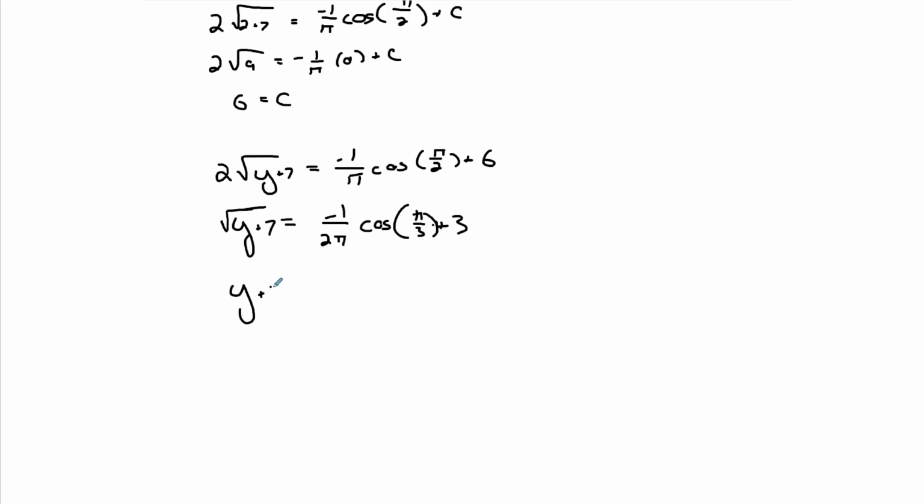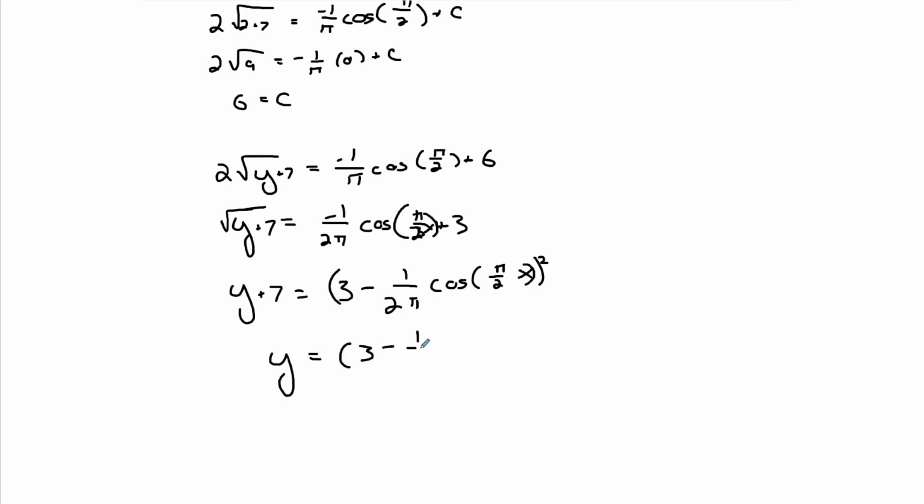We could say y plus 7, and I'm going to put the 3 in front, so it's going to equal 3 minus 1 over 2 pi cosine of pi over 2x, squared. And then finally, we can just subtract 7. So y equals 3 minus 1 over 2 pi cosine of pi over 2x, squared, minus 7. So that would be our answer.